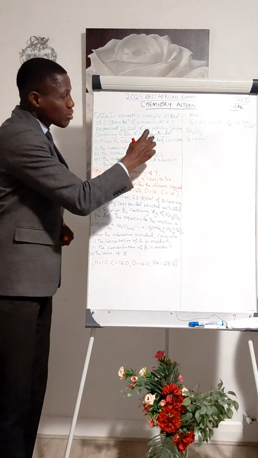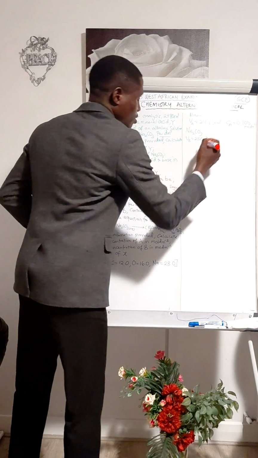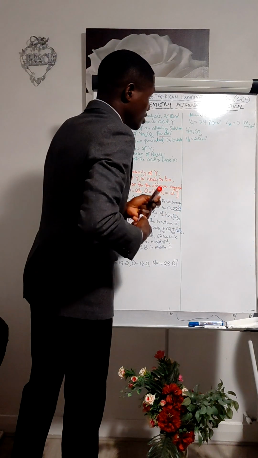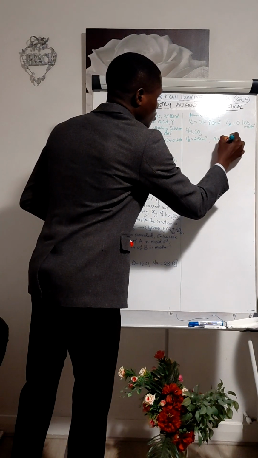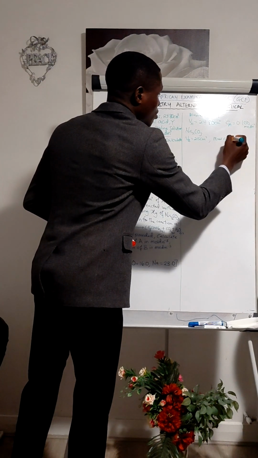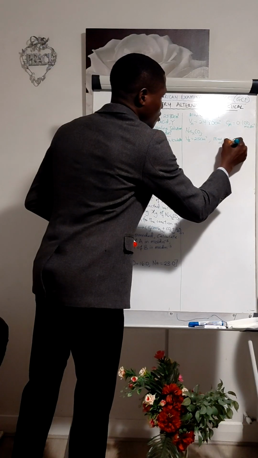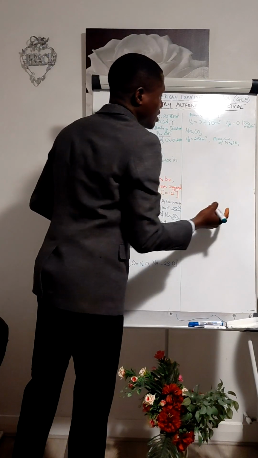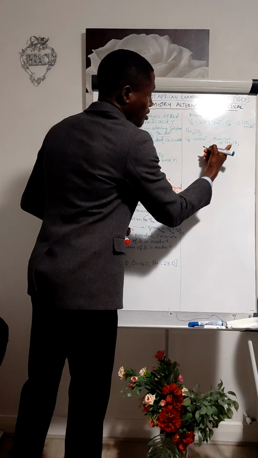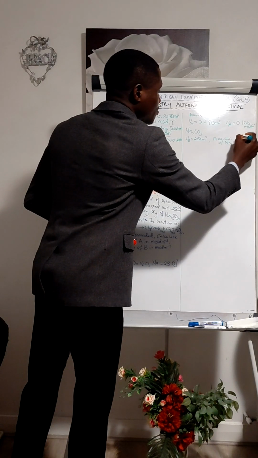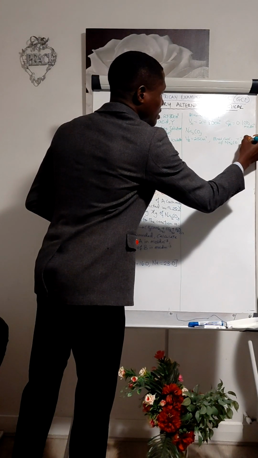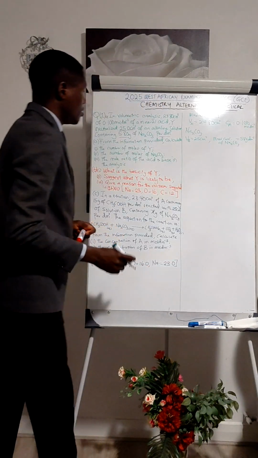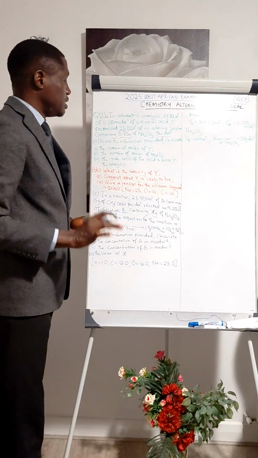So this is a mass concentration, not a molar concentration. So I'm going to write the mass concentration of sodium trioxocarbonate IV given to us, which is 5.8 gram per dm cube.